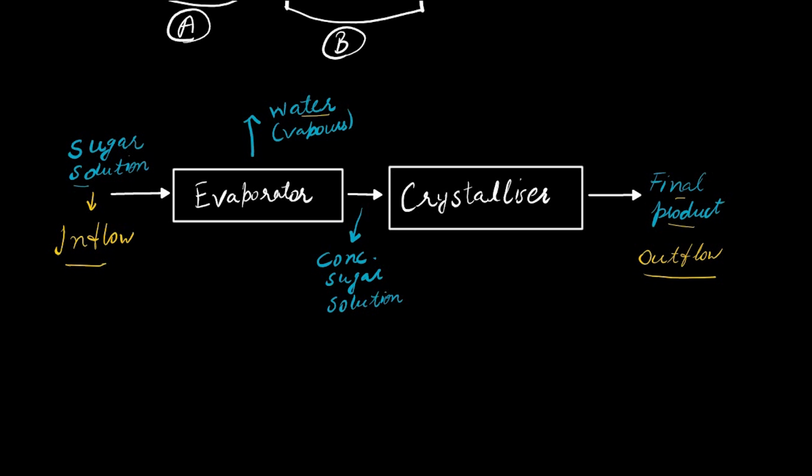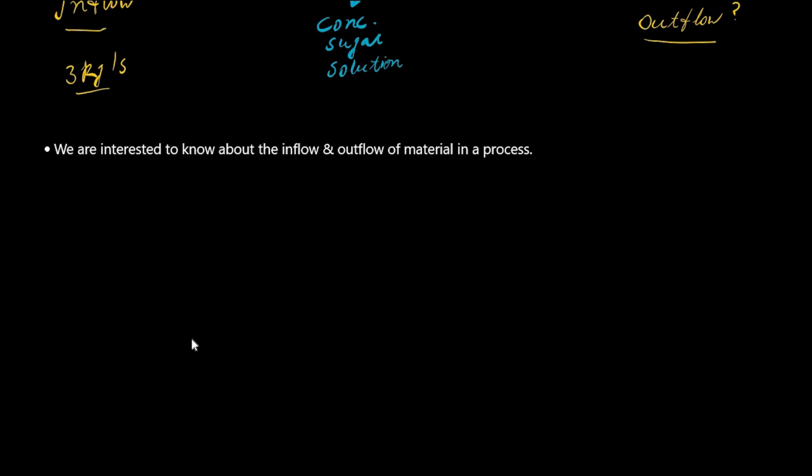For example, the sugar solution could be entering with a rate of 3 kg per second, and using this value we may have to find out the rate of exiting of water or the vapor, or the rate of outflow. So we are interested to know about the inflow and outflow of the material in the process.